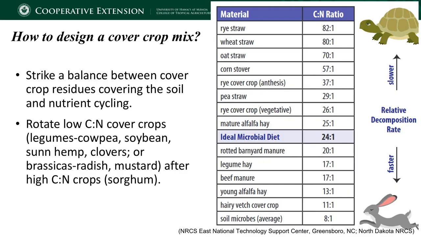On the other hand, you can also rotate low C/N ratio cover crops such as leguminous cover crop like soybean, cowpea, sunhemp, clover, or brassica, radish, or mustard after a high C/N ratio cover crop like sorghum.